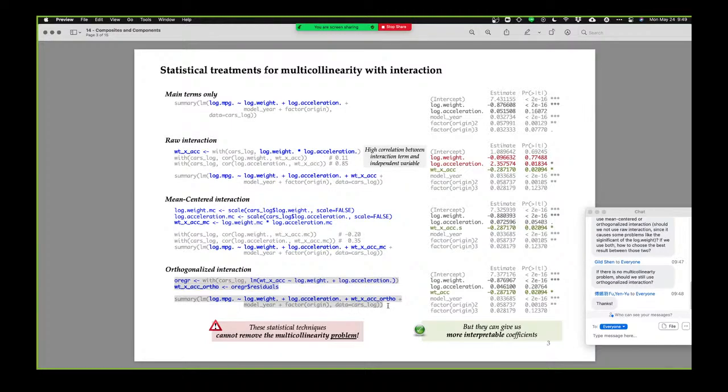But if you don't have space to do all that and you want to just jump into the interpretable results right away, then at least do the orthogonalized one, all right? And that will give you the most interpretable results. And I wouldn't assume that there's a multicollinearity problem by just looking at the correlations, because as you just saw, even small correlations can produce some interesting results.